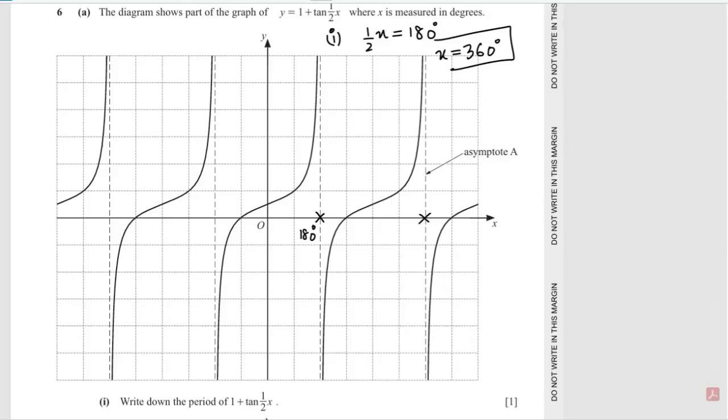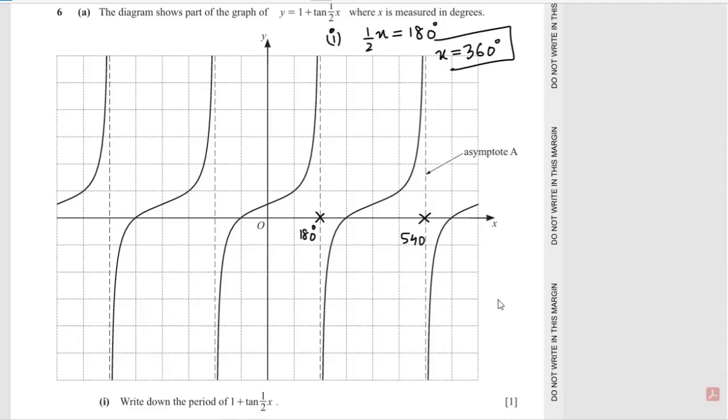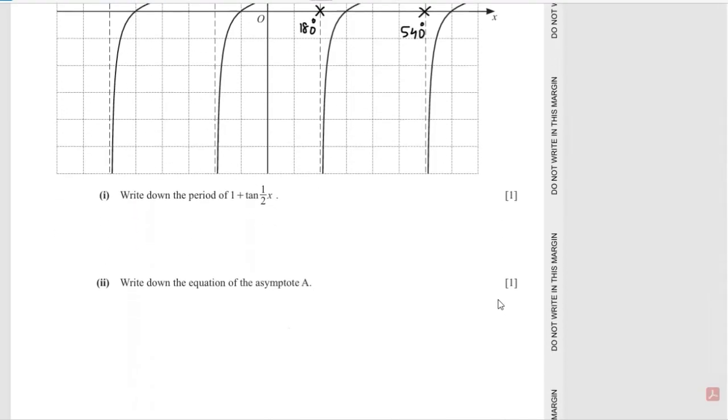Since its period is 360, you can add 360 to this one. So let's do 360 plus 180. This is 540. Since they're asking for the equation of the asymptote, you will write x equals 540. Remember, the equation of a vertical line is x equals something.